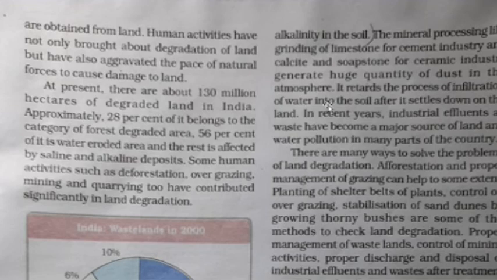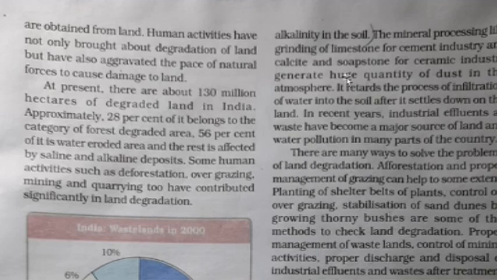And due to water logging, when water is logged somewhere, the salt present in that water is absorbed into the soil. After that, that land becomes alkaline or saline. So the salt from that water decreases the fertility of the soil, and that land also becomes waste.